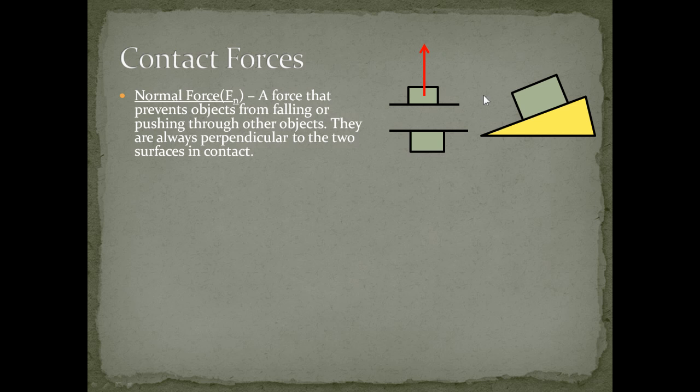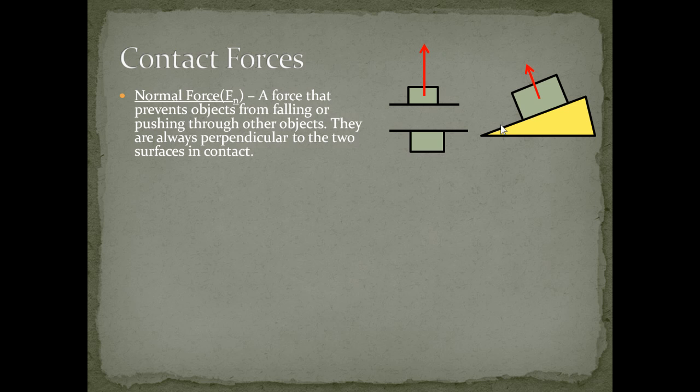Whenever I move over here to the inclined plane, same block, same weight, but in this instance, the magnitude of the force is less. All right? You need to know that the normal force can change depending on where the object is located. But still notice that the normal force is still perpendicular to the surface of the inclined plane.